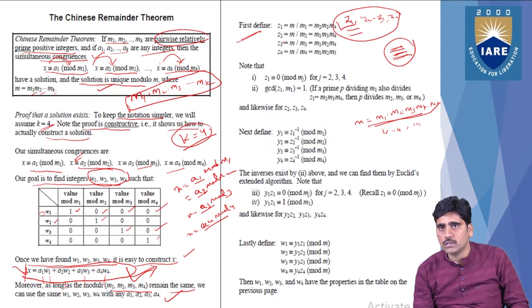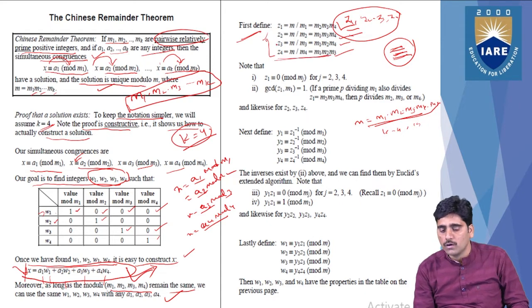Similarly, Z2 equals M by M2 equals M1 into M3 into M4. Z3 equals M by M3, that equals M1 into M2 into M4. And Z4 equals M by M4, which is M1 into M2 into M3. So now we have the Z1, Z2, Z3, Z4 values.